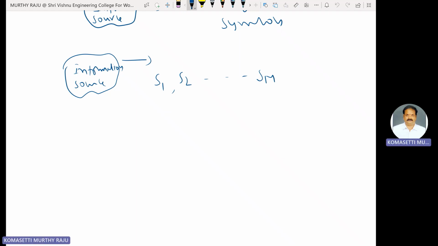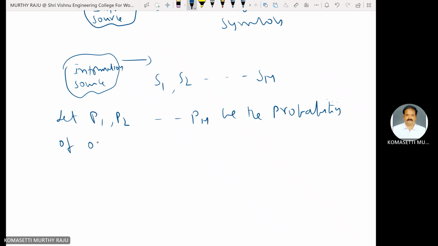Let P1, P2, and so on, up to PM, be the probabilities of occurrence of the M symbols.